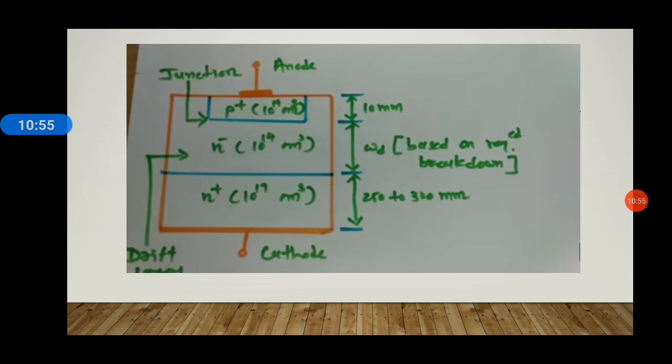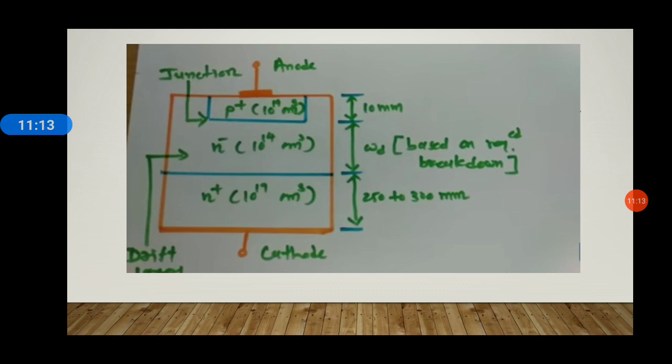Resistivity of this layer is high because of the low level of doping. Because it is doped lightly, the resistivity of this layer will be increased. If the width of the drift layer increases, then the on-state voltage drop increases.